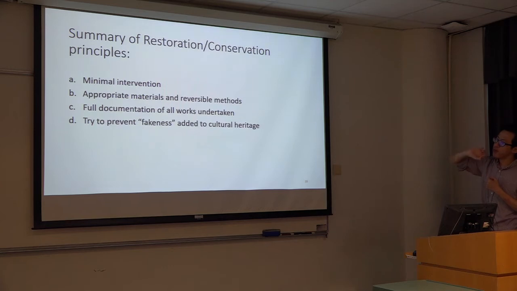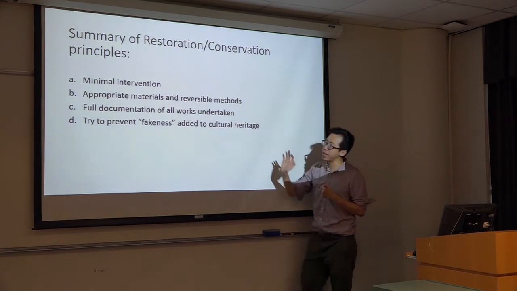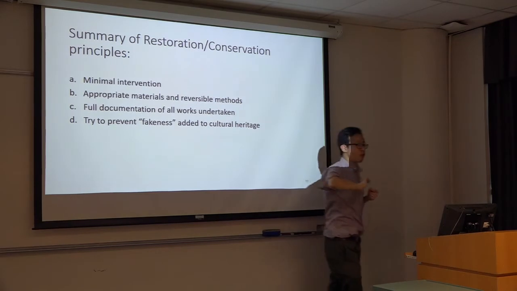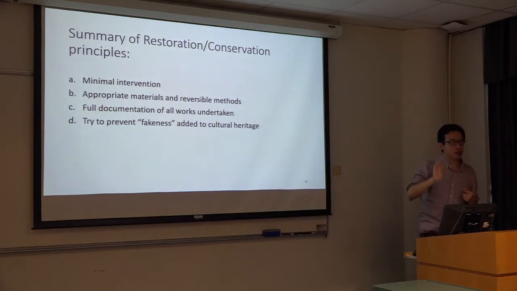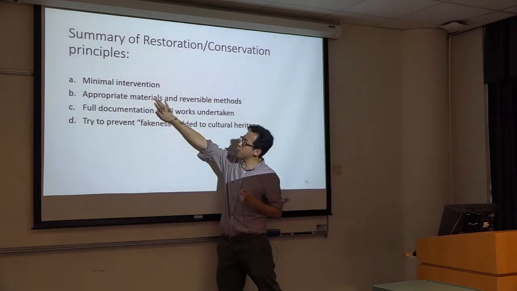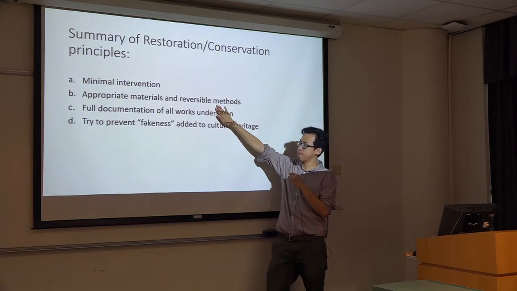First, we have to keep minimal intervention as long as new elements or new parts are not necessary. Try to prevent that. Try to not do too much additional work to cultural heritage, which means we try to keep the original status. We have to make sure appropriate materials were used, and the materials have to be reversible.